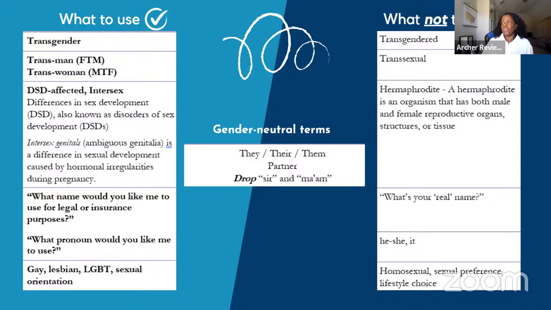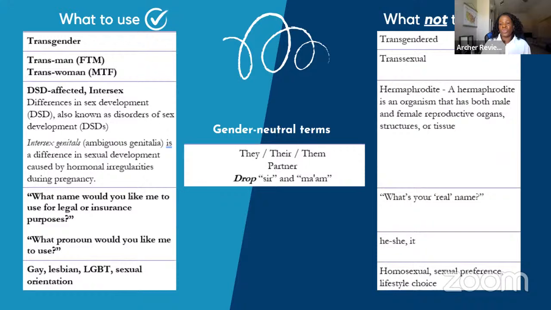I put the transgender terms up there, like trans man, so you may see female to male. When you hear someone say trans woman and you see MTF, that's someone who was male that transitioned from male to female. DSD is affected or intersex. The difference in sex development is what DSD stands for, or it's also known as disorders of sex development.